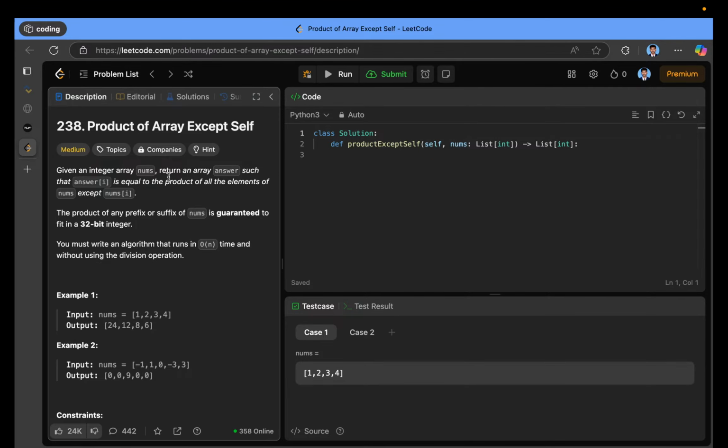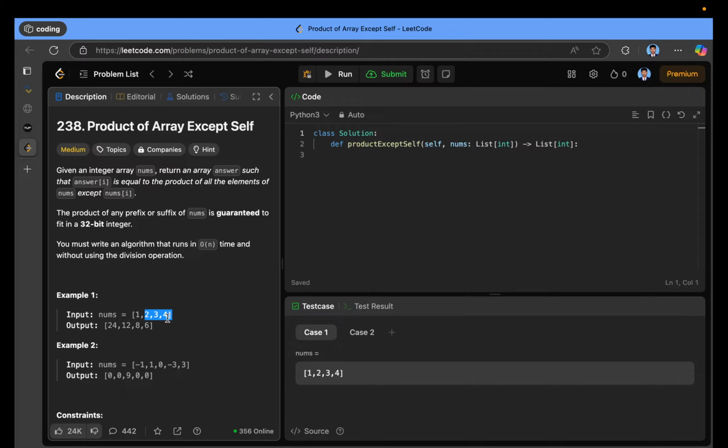Okay, product of array except self. Well, this statement already tells what we are going to do, but still let's read this question. Given an integer array, return an array answer such that answer[i] is equal to the product of all the elements of nums except nums[i]. Except self, like 1, 2, 3, 4. For the first one, I have to give the product 2, 3, 4, that is 24, excluding the one.